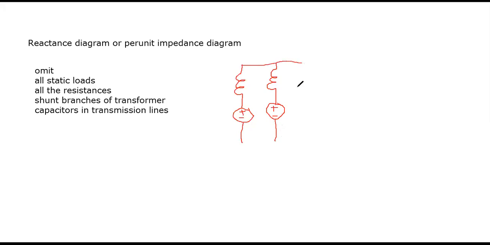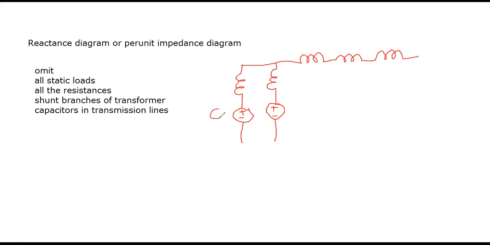Now after that you will have one more parallel branch, that is static load, but as far as the assumption is concerned, we are omitting the static loads. Just forget about that. Now this is transformer 1. Next one is transformer 2, transmission lines. Next one is transformer T1, and this is T1.